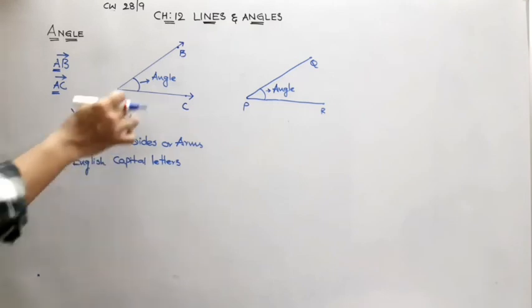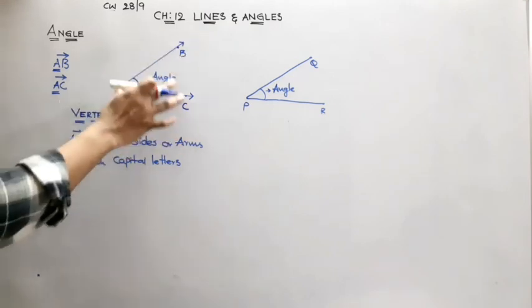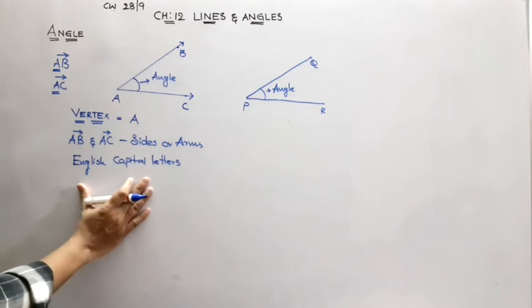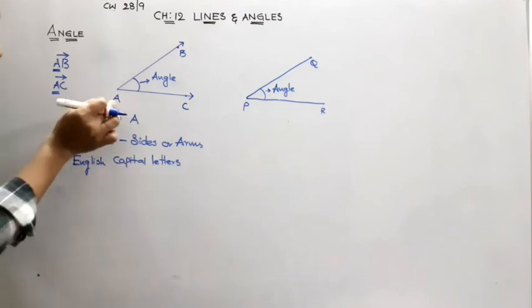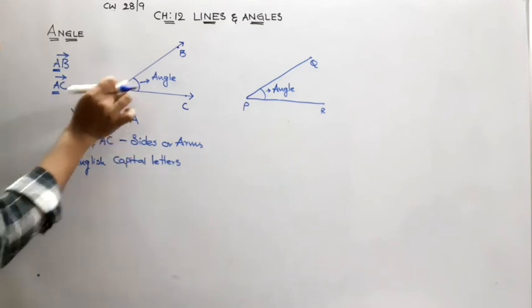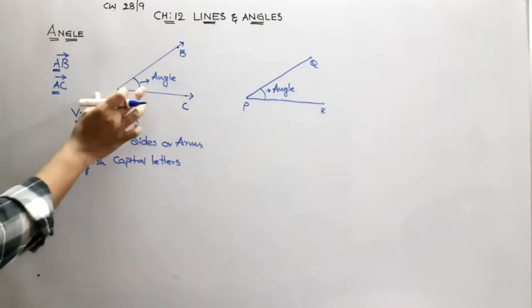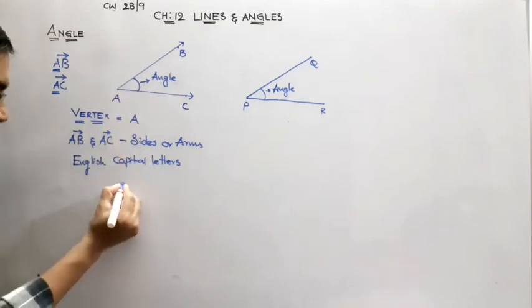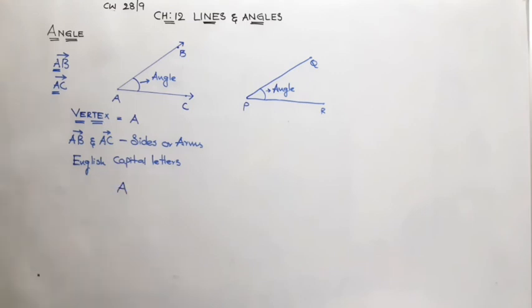For example, if I want to write this angle ABC in an easy manner, how will I use capital letters? Look, what is the initial point or the starting point or the vertex for both the rays? A. That should always come in the middle. This is very important, children.